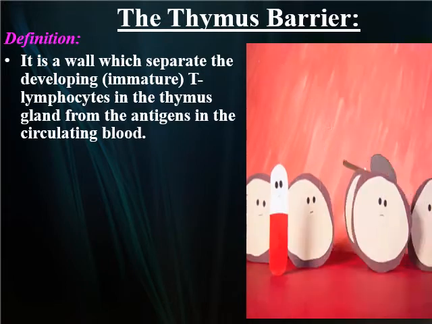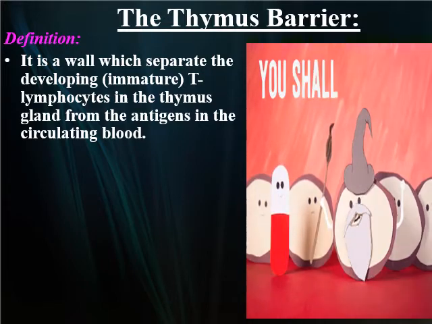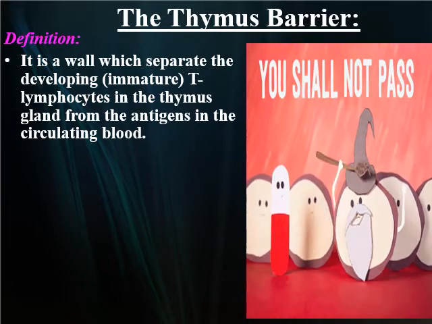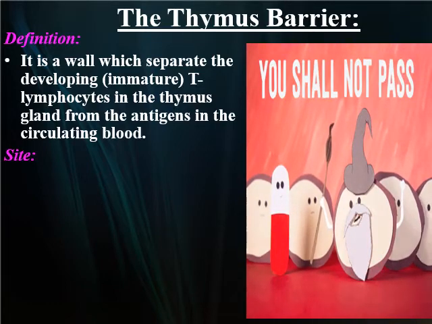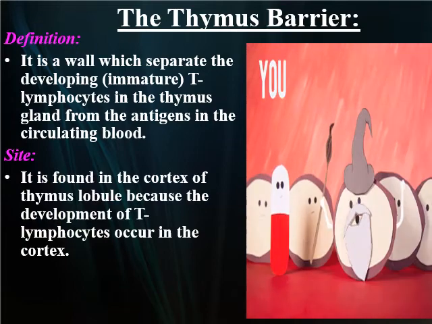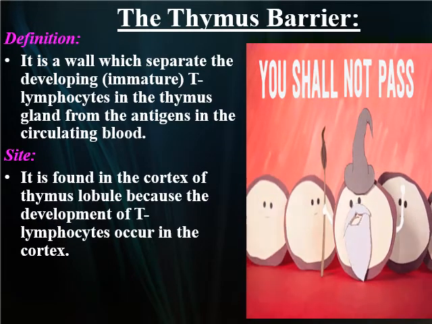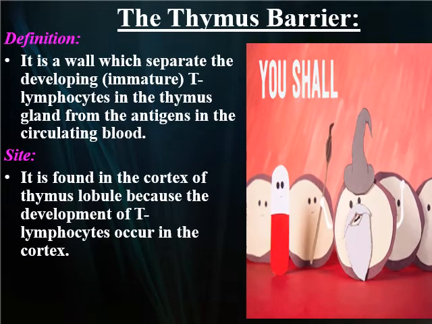So it protects the T lymphocytes from any antigen in the blood in early life. It is found in the cortex of the thymus gland because the developing T lymphocytes are present in the cortex.